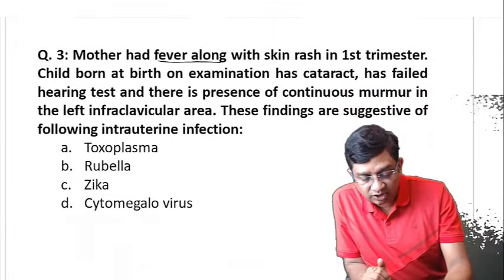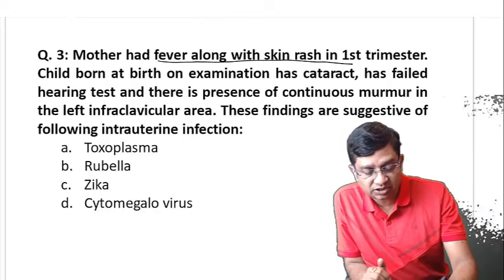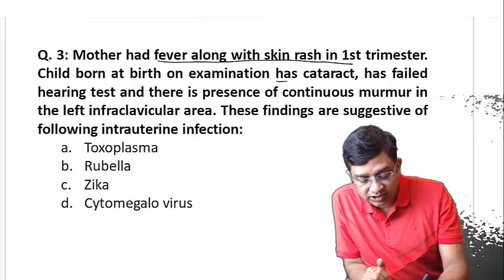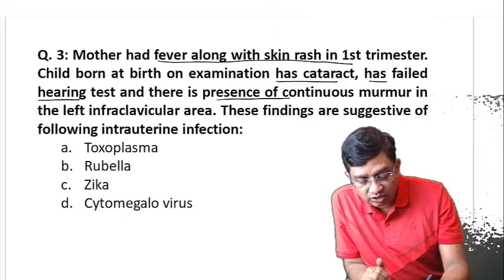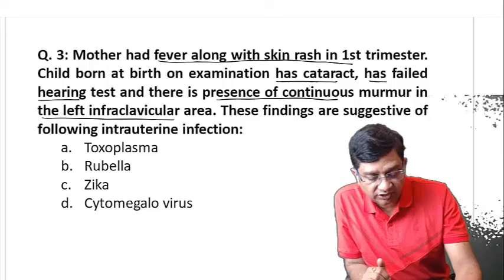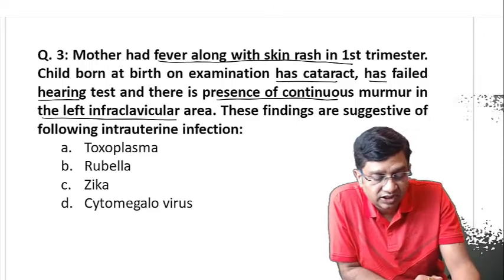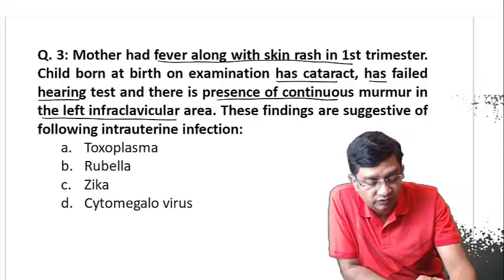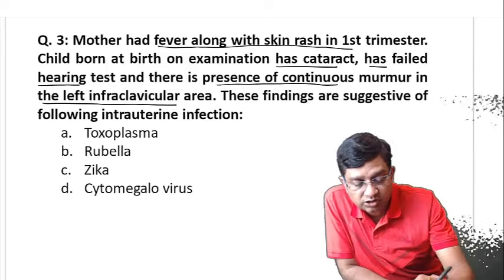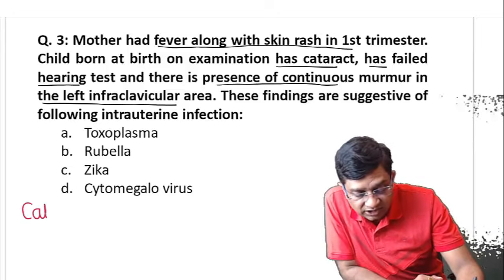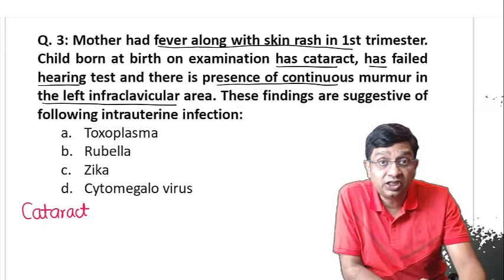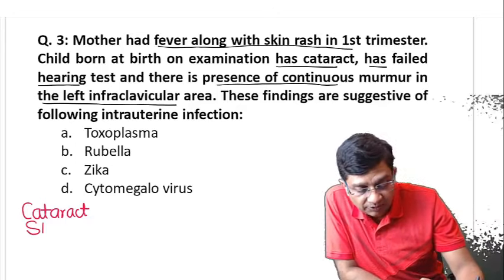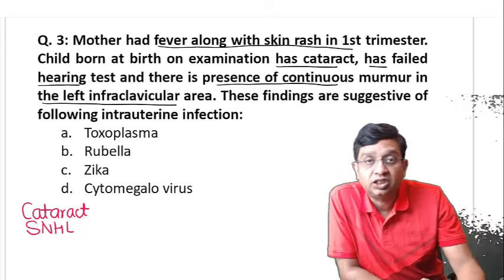Mother had fever along with skin rash in the first trimester. The child born has cataract, has failed the hearing test, and has a continuous murmur in the left infraclavicular area. These findings are suggestive of which intrauterine infection? The child has cataract. The child has failed the hearing test, so this child might have sensorineural hearing loss.